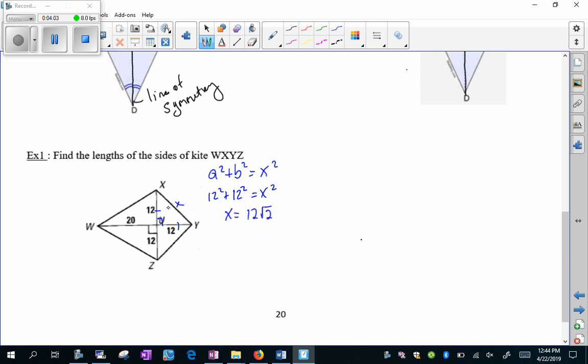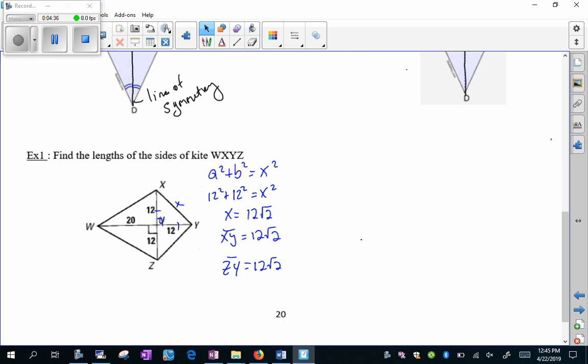Well, I know that side XY equals 12 square root of 2. Okay, so if XY is 12 square root of 2, then I know that the consecutive sides are congruent. So ZY also is 12 square root of 2.